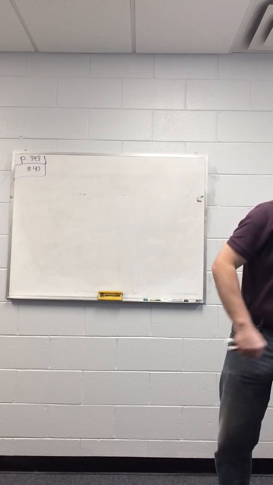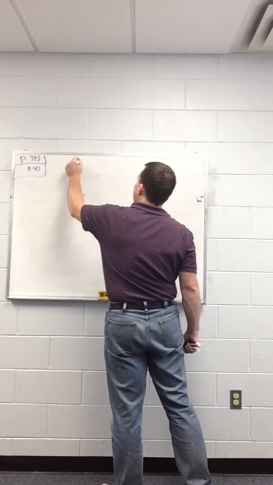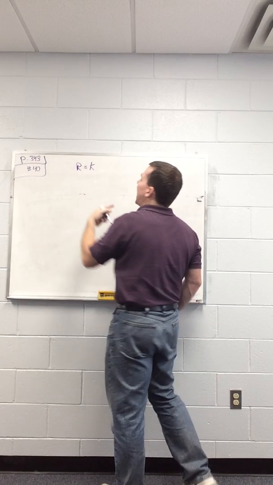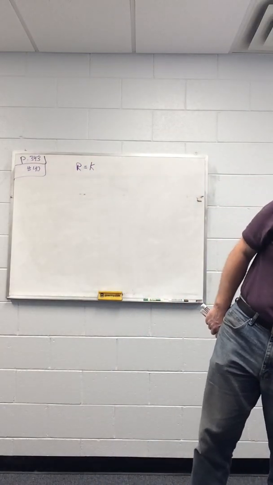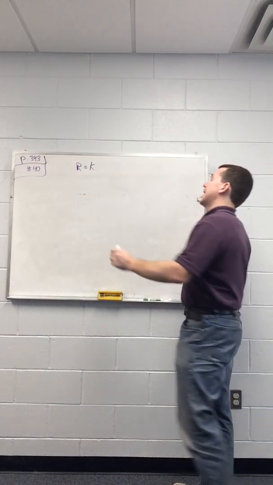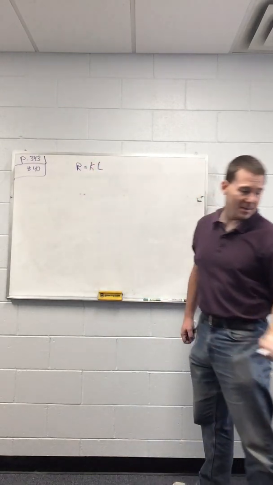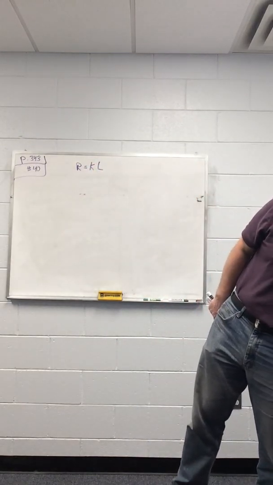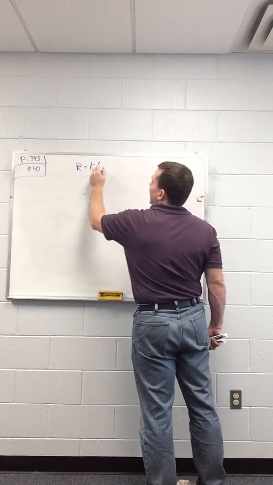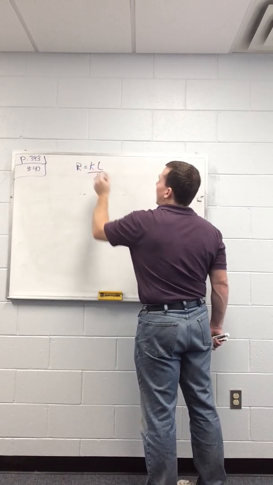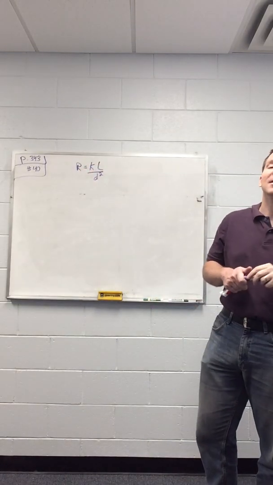So, the resistance of a wire, call that R, equals K, the constant is always there, and varies directly as its length, so length gets multiplied, and inversely as the square of its diameter. Inversely means divide by the square of the diameter, which is diameter squared.